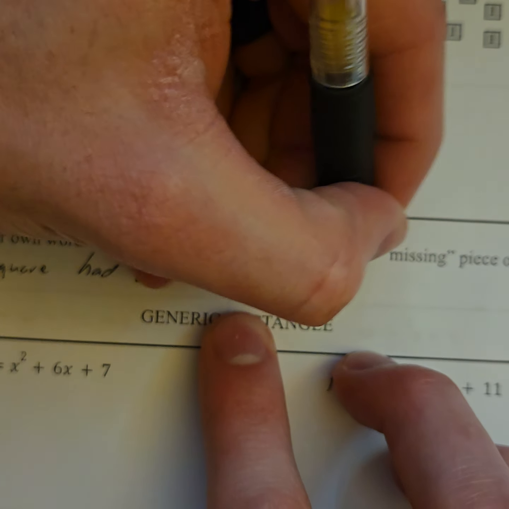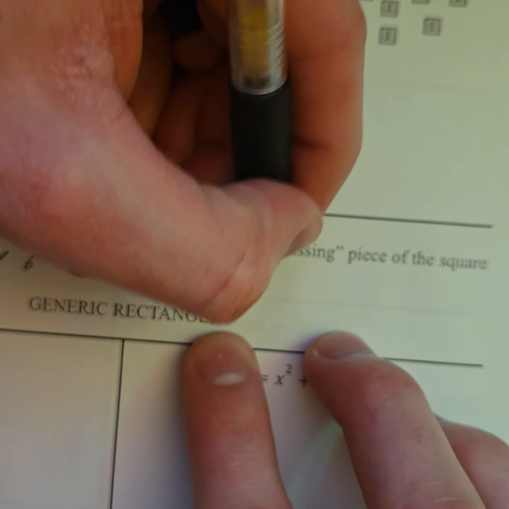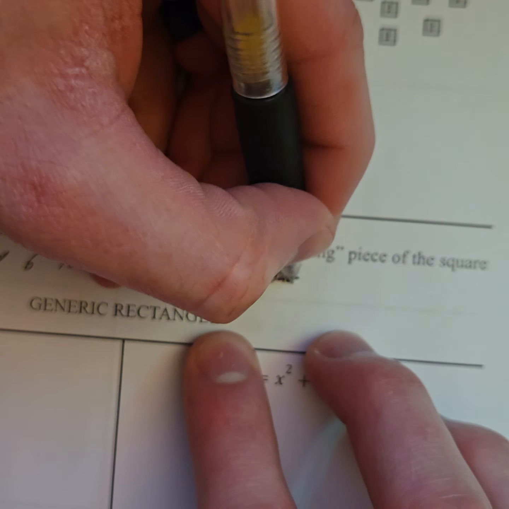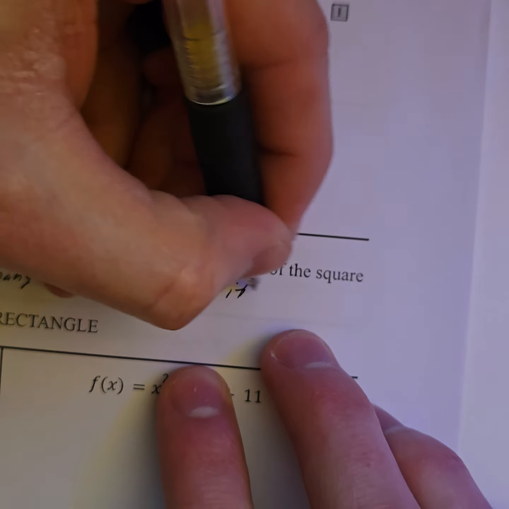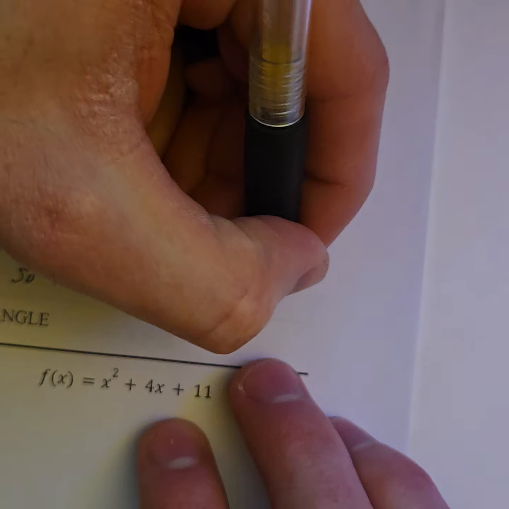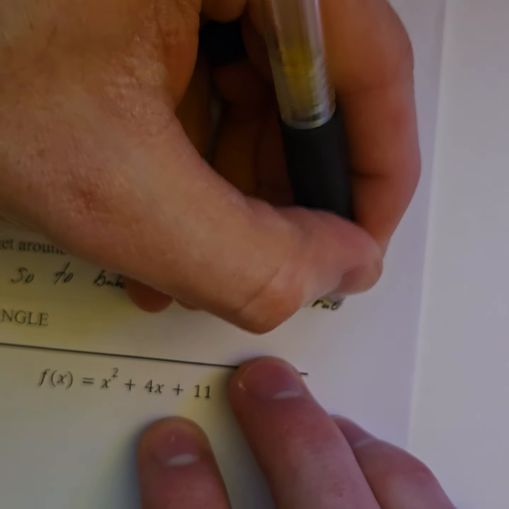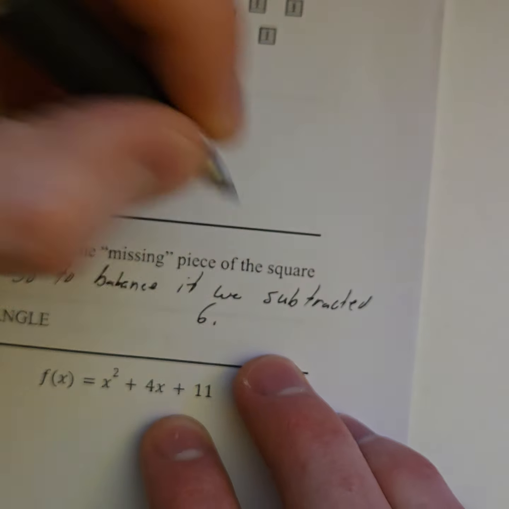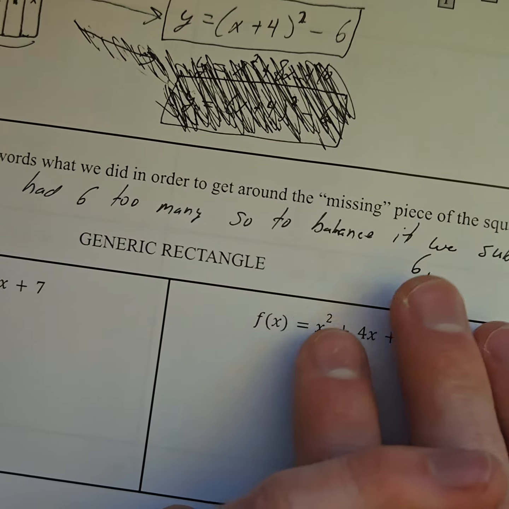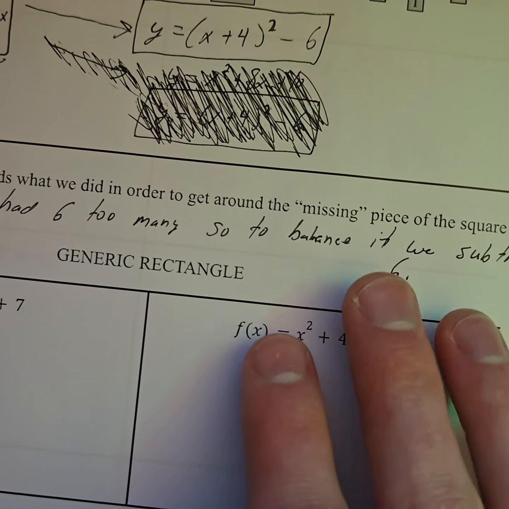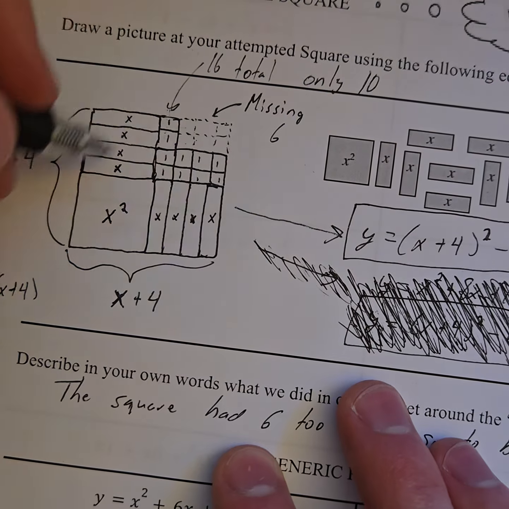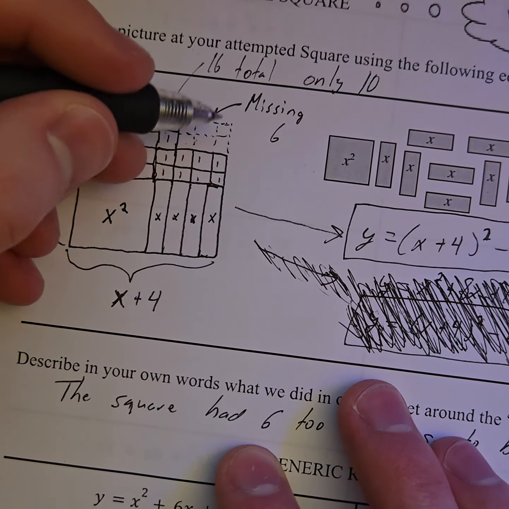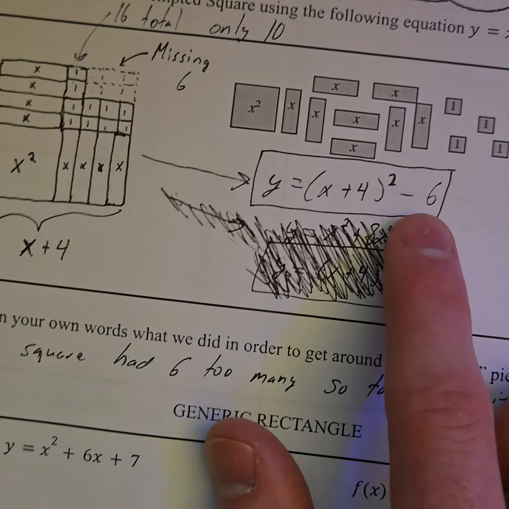So to balance it, we subtracted 6. Okay, you could write something like that down, but whatever in your own words, you can write that. Okay, we had too many when we made our square. We had to take those away when we wrote it out.